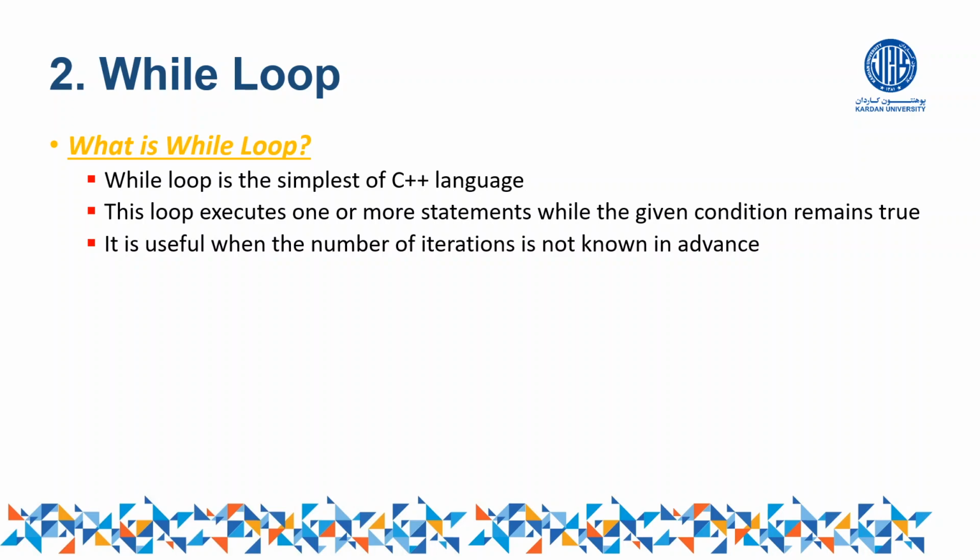Now, it is useful when the number of iterations is not known in advance. If you remember, we discussed this point in the for loop as well, that the for loop is used in those situations where we know in advance how many times the body of the loop will be executed. But here, the while loop can be very useful if you don't know in advance how many times the loop could be executed.